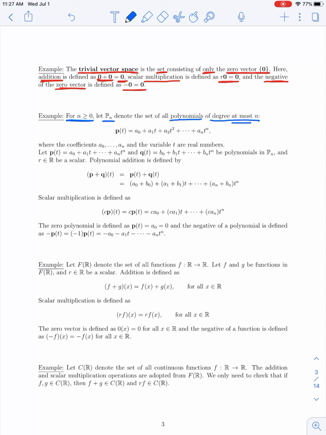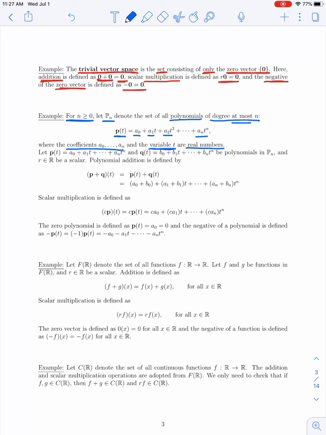As an example of an element of this set, we could take the polynomial p of t, which would have the form a0 plus a1 t to the first, a2 t squared, up through an t to the nth. So this would be a general polynomial of degree at most n. And these coefficients, a0 up through an, as well as our variable t, are taken as real numbers.